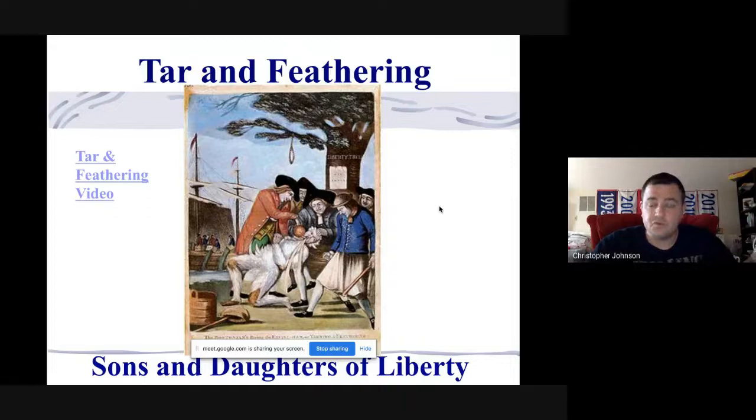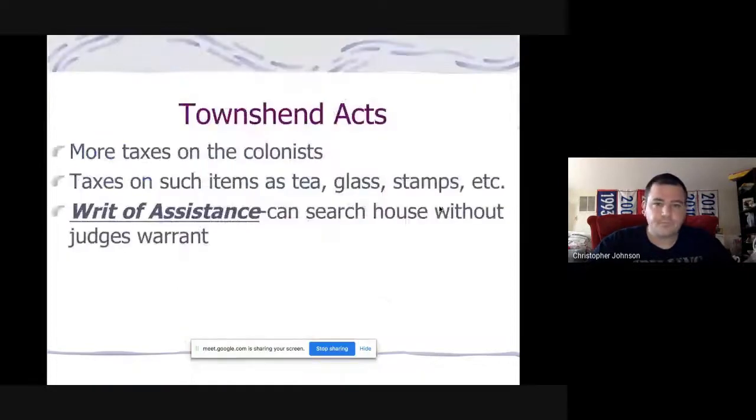It is some gruesome stuff to see what they did to these tax collectors. The tax collector was just doing his job, but it was the Sons and Daughters of Liberty, people like Patrick Henry, people like Samuel Adams, that just became rebel rousers that really took this to the extreme.